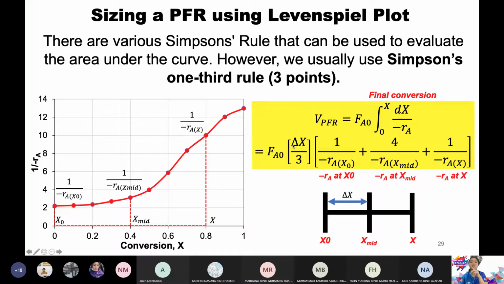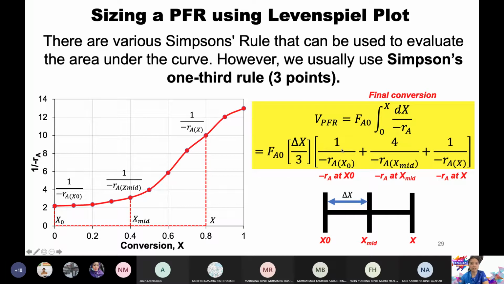Just remember the triangle means delta X over 3. Then I will explain later what that is. Then behind the bracket, a big bracket, you have 3 points, because one-third rule has 3 points. The 5/7 rule has 7 points, 7/12 has 12 points. So for the one-third rule, luckily, you have 3 points, because there are 3 data.